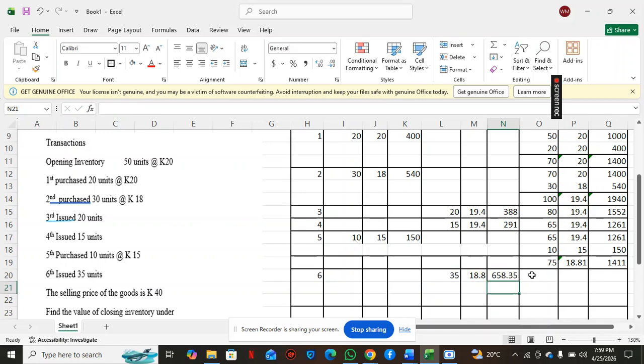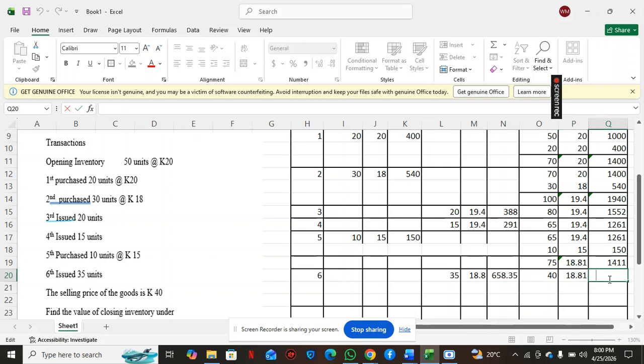That is 658 kwacha 35 ngwe. So we are going to remain with 40 spare parts valued at 18 kwacha 81 ngwe.